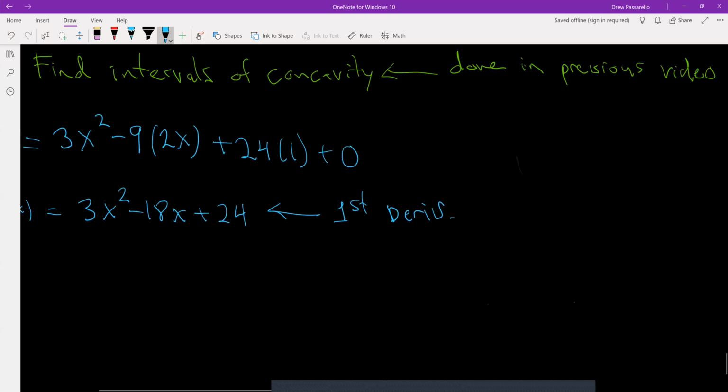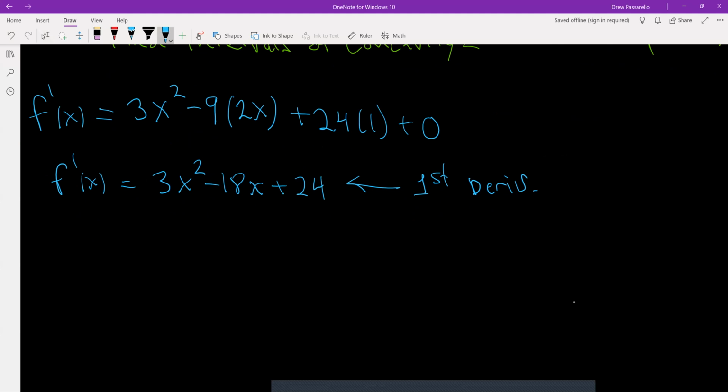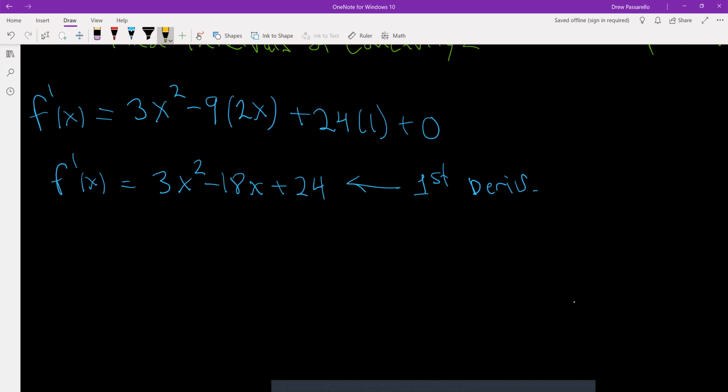Now we've got to find the derivative of the first derivative, so we've got to find the second derivative. That's f double prime of x. Let me use a different color for the second derivative. I'll use yellow. So f double prime of x is going to equal the derivative of 3x squared, which is 3 times 2x, because the derivative of x squared is 2x. And then for 18x, the derivative becomes minus 18 times 1.